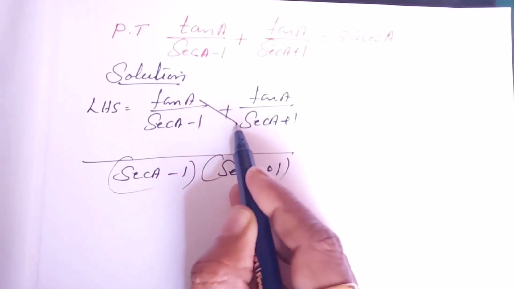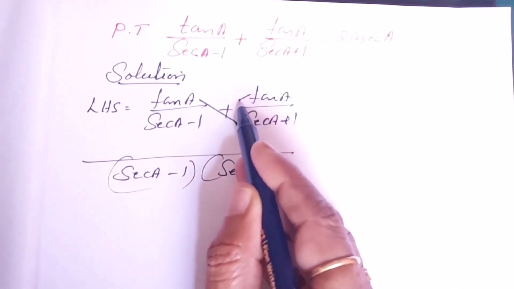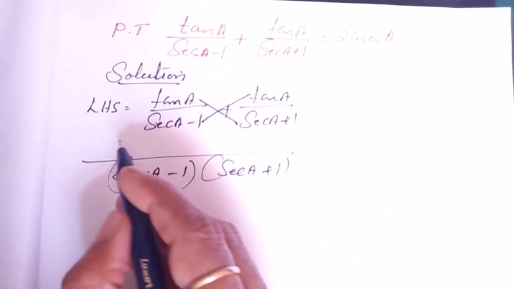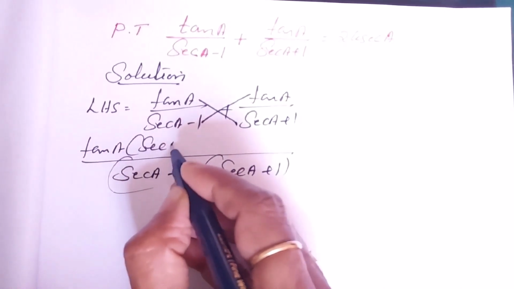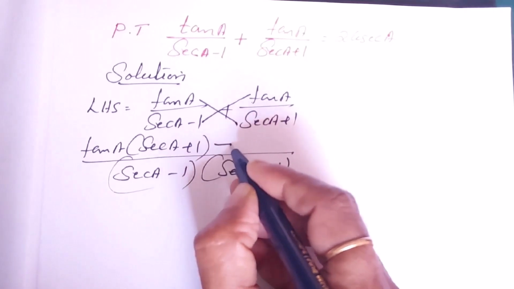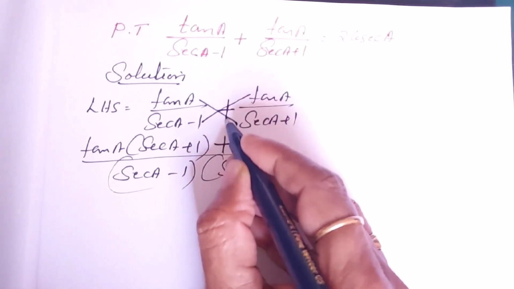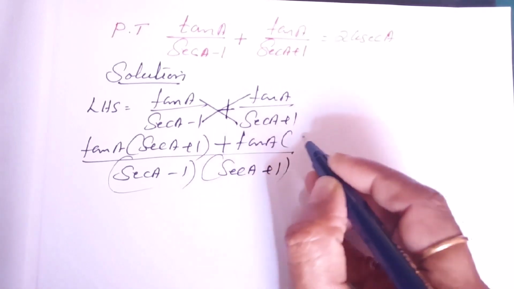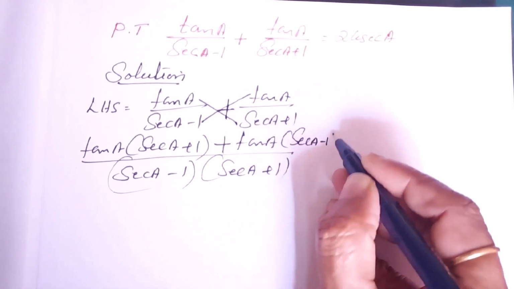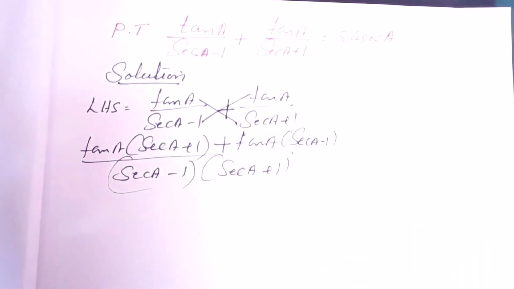Now tan A into (sec A plus 1) and tan A into (sec A minus 1). So tan A into (sec A plus 1), plus, because here plus is given, plus tan A into (sec A minus 1).